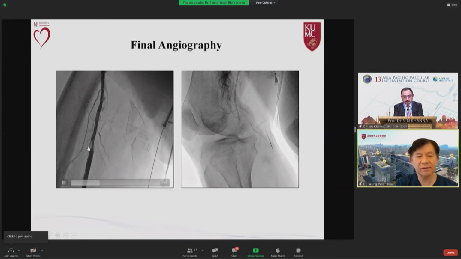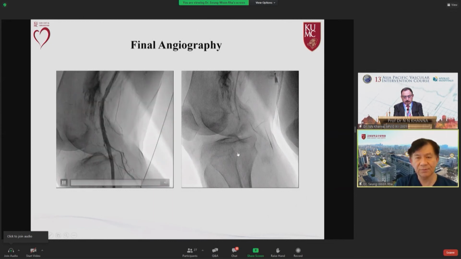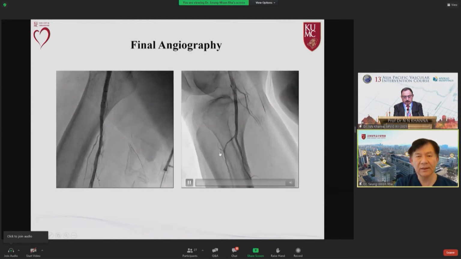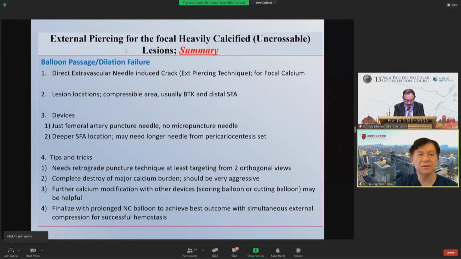So the perforated site was nicely sealed by the focal graft stenting. The BTK perforation was fine. Sometimes this external piercing technique is very useful in undilatable focal calcium. Just femoral puncture is needed, no micropuncture needed.